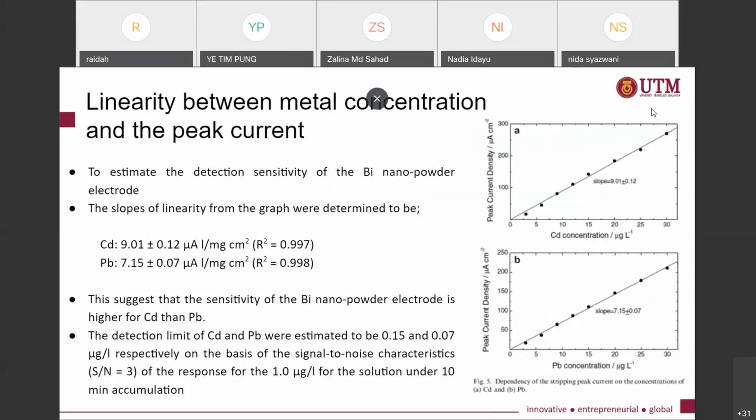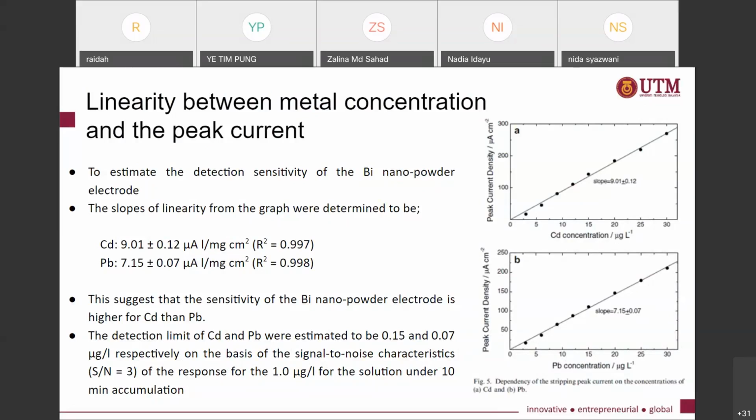From the linearity between the metal concentration and the peak current, we can estimate the detection sensitivity of the bismuth nanopowder electrode. Figure 5A and B shows the peak current against cadmium and lead concentration respectively.